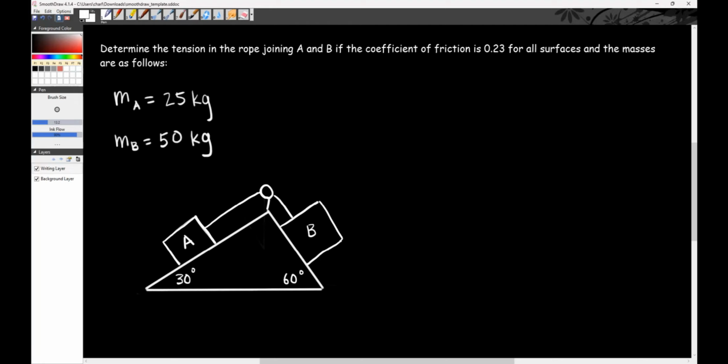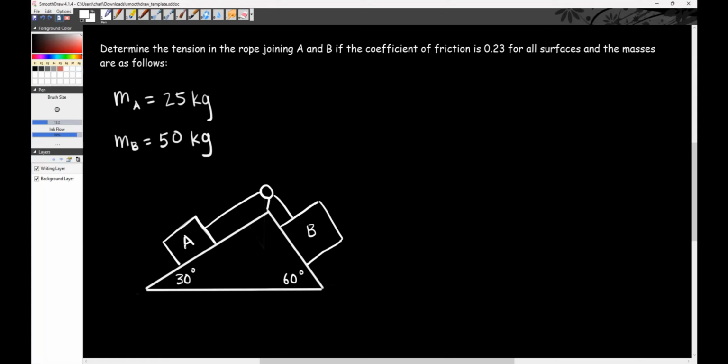So usually what you want to do is find the acceleration and then find some type of force that is acting on one of the boxes. But right now, we don't know which direction is accelerating. It could be accelerating this way, or it could be accelerating this way. We don't really know.